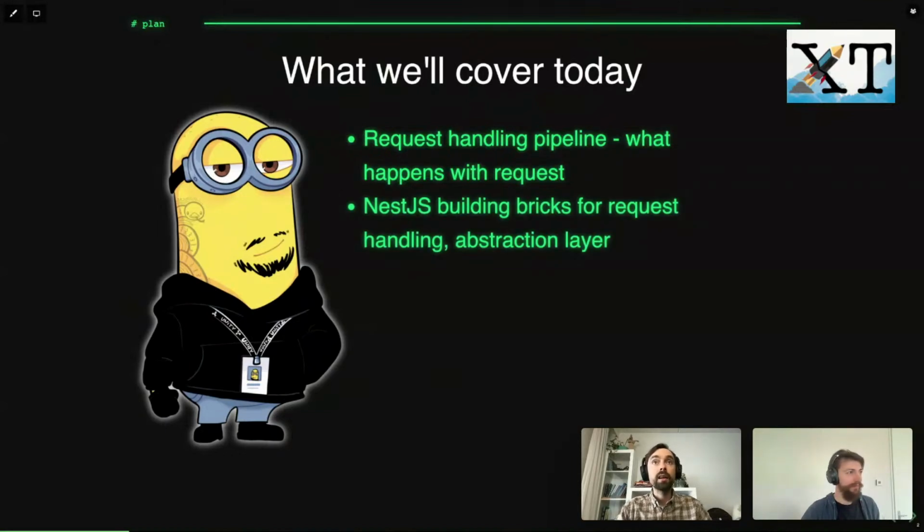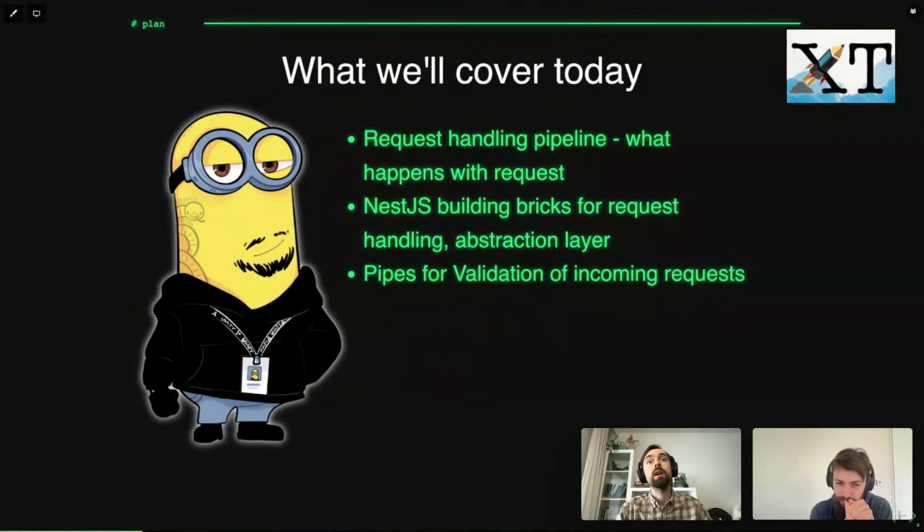NestJS provides a number of building bricks for request handling and several layers of abstraction. For instance, we're going to talk about pipes, which are used for various scenarios, but a lot of use cases are for the validation of the request.